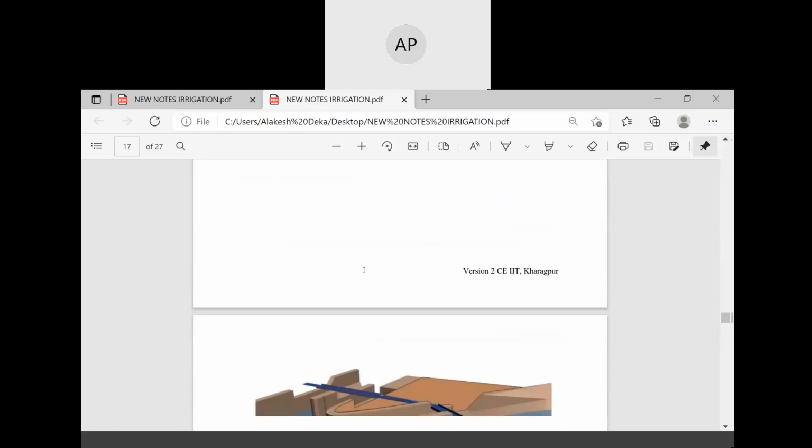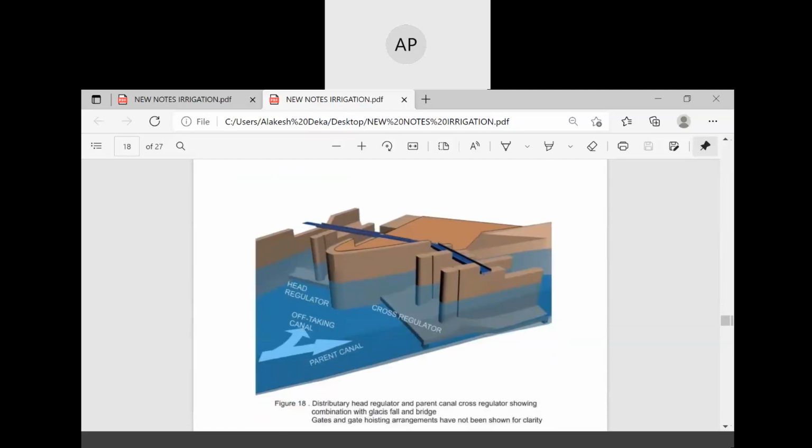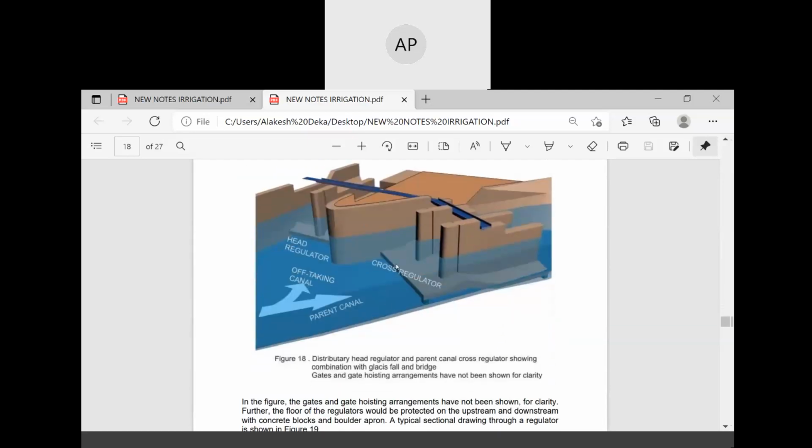Canal regulators. Generally, this figure represents the canal regulators, the location of a canal regulator.